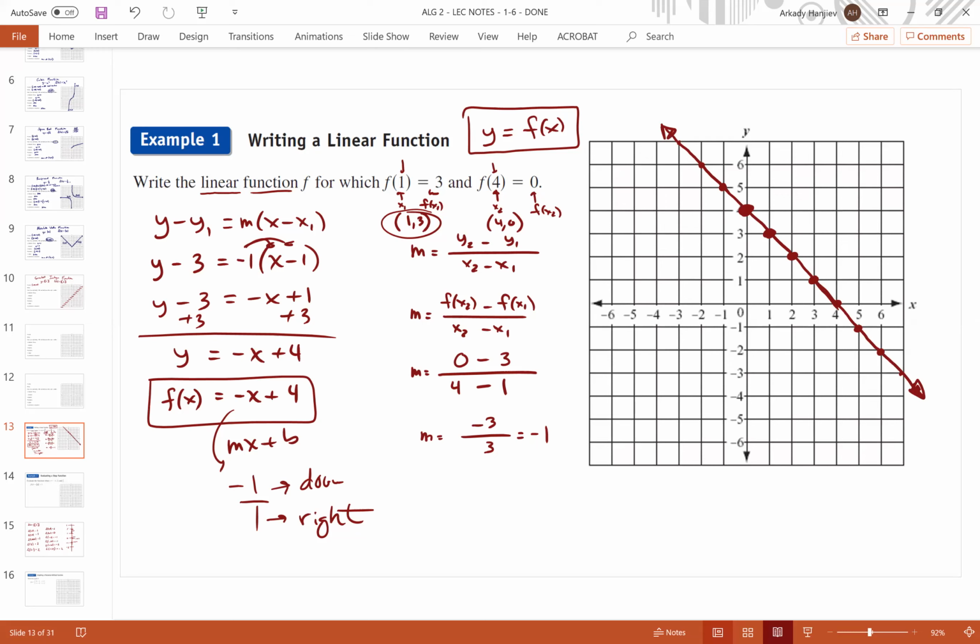Arrows on that end, arrows on that end. Boom, there it is. So the graphing is the same. We just introduced this extra new notation. If things are functions, we can write them as f of x. Graphing for linear functions is exactly the same, and getting the equation is exactly the same. There's nothing new except that f of x.